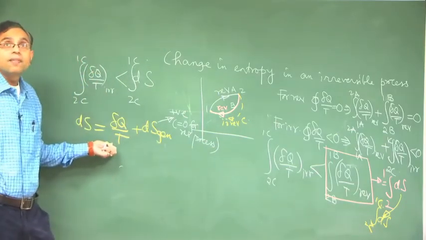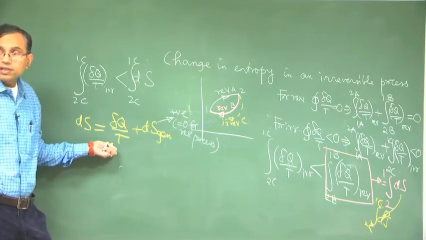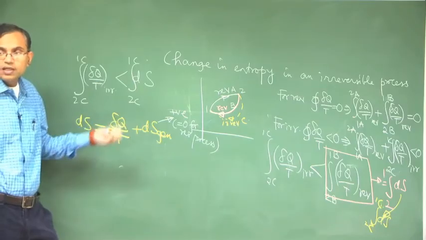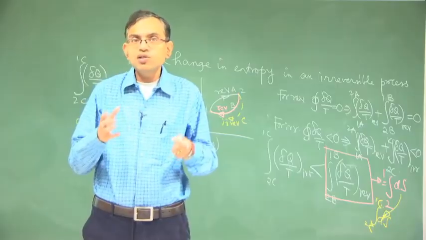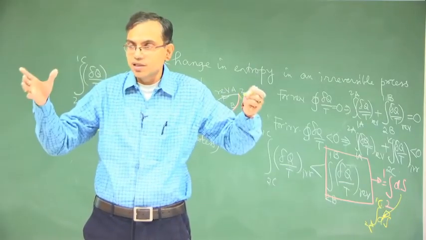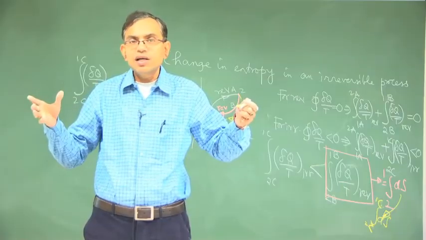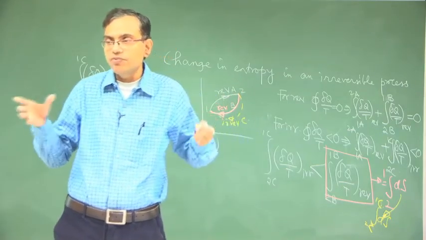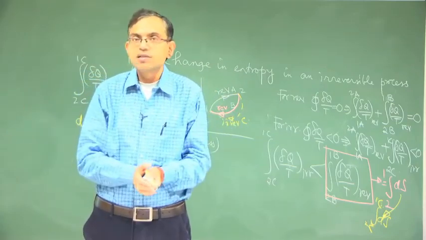What is this T? This T is the temperature of the system boundary across which this del q is interpreted. Now, what is interpreted as a system? It depends on what your domain of interest is. Just like in mechanics, what is your free body diagram? It depends on what you are representing forces on, maybe one part or the entire system.